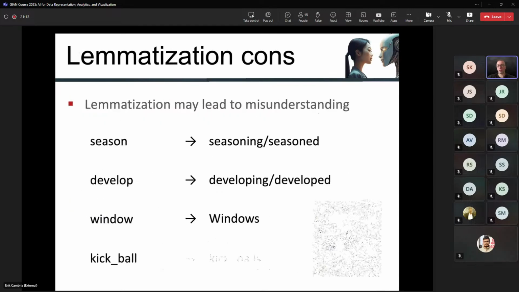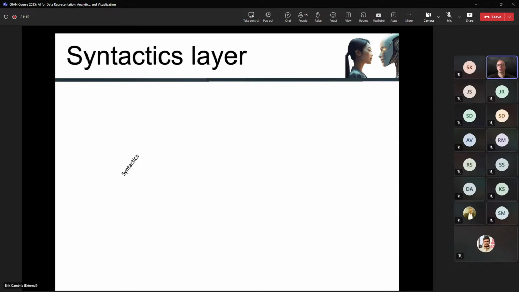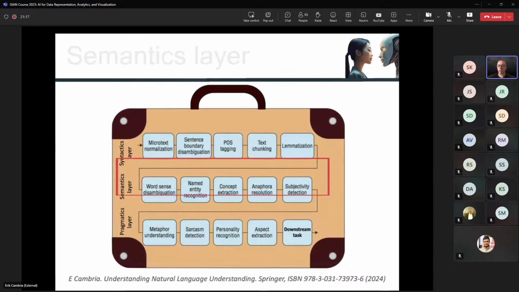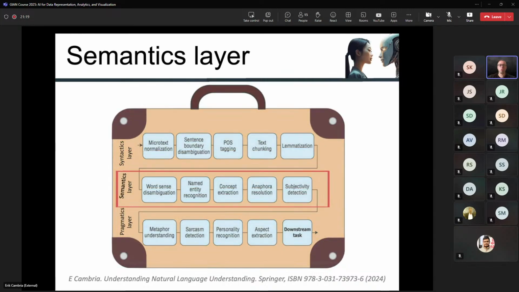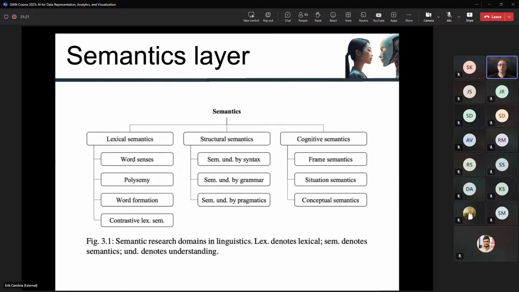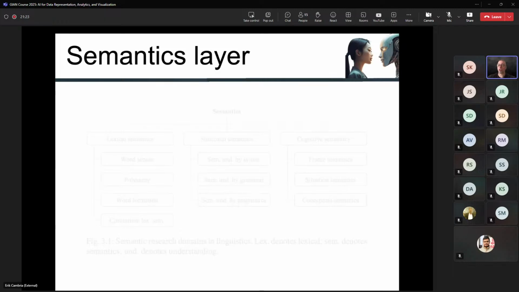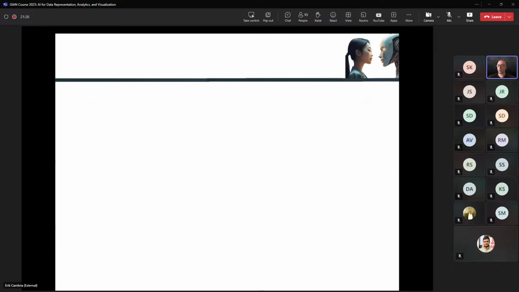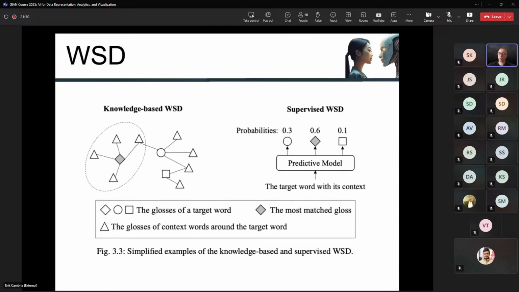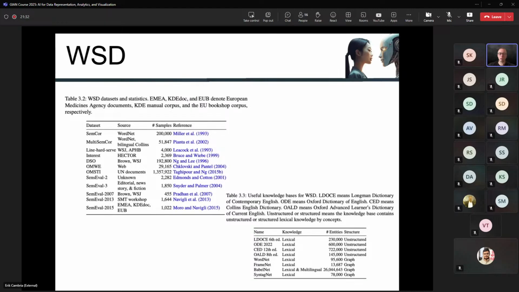First we looked at the syntactic layers, then we talked about the semantic layers. That was interesting to some of you, especially for word sense disambiguation. I forgot to share that paper where we applied neurosymbolic AI to word sense disambiguation, but I can share that with you later.